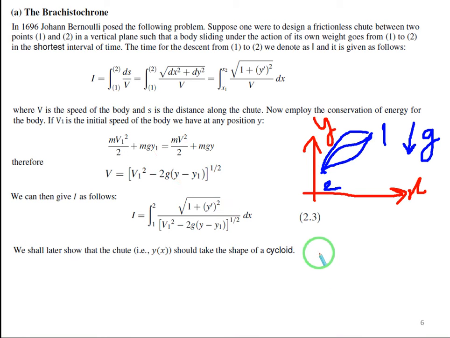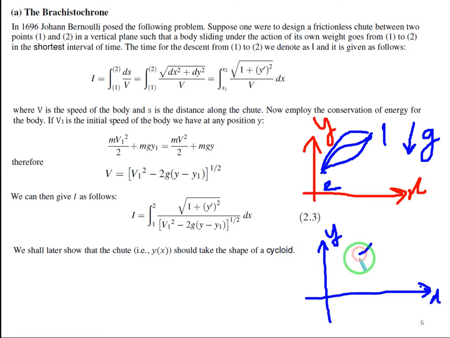If I redraw this picture for a small part of the curve, this distance is dx and this distance is dy.